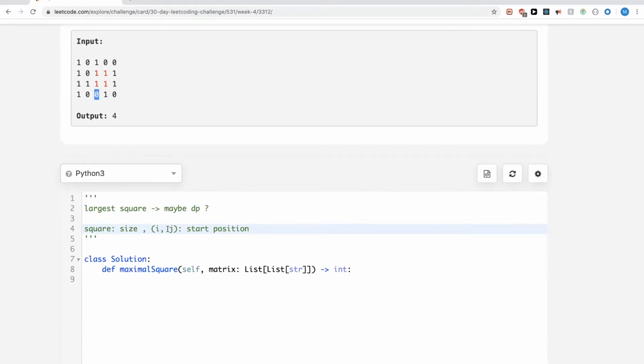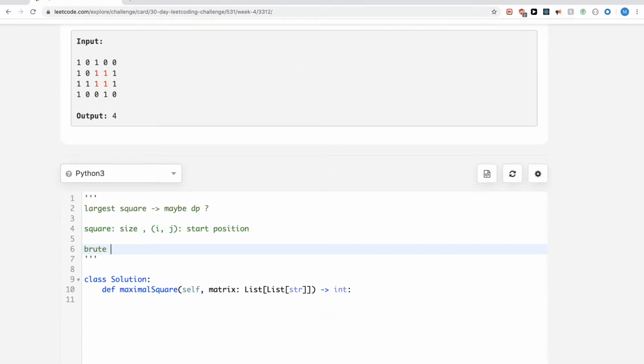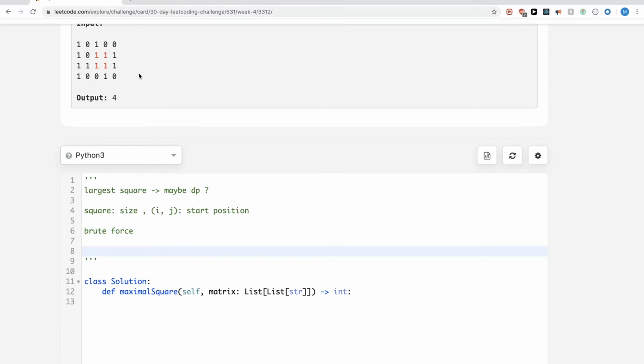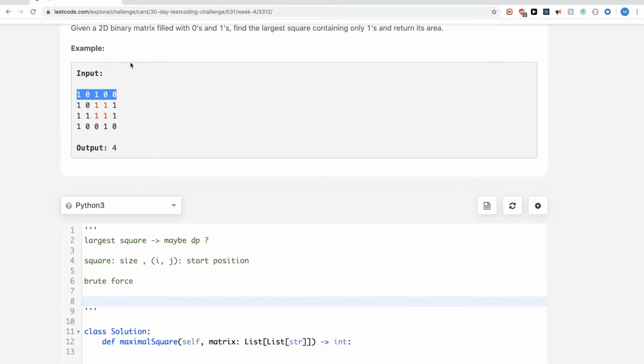One thing we can think of is, okay, let's just do brute force, which would be to go through the entire matrix and find the squares that have this property, right?